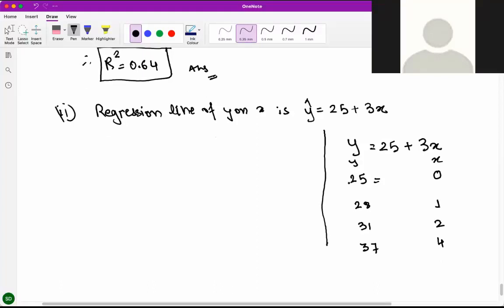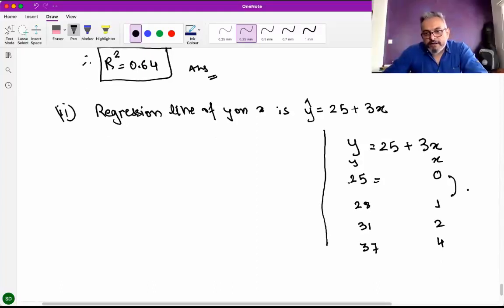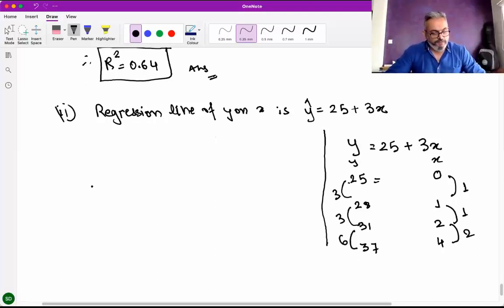See, with every 1 unit increase of x, 3 units of y are increasing. You can see 1 unit increase, 3 unit of y increase. Over here, 2 unit increase, so 6 unit increase. Now what we have to find?